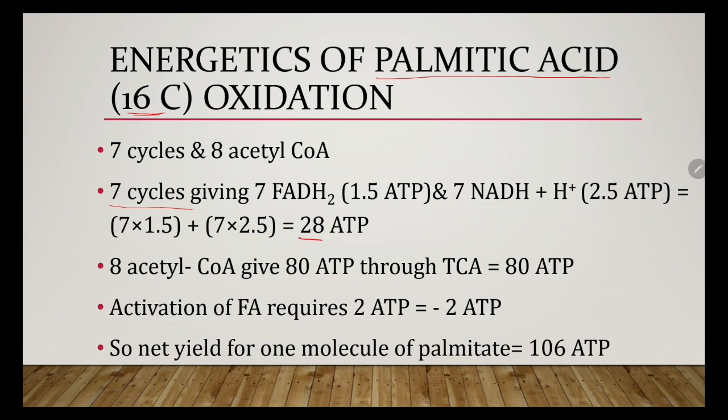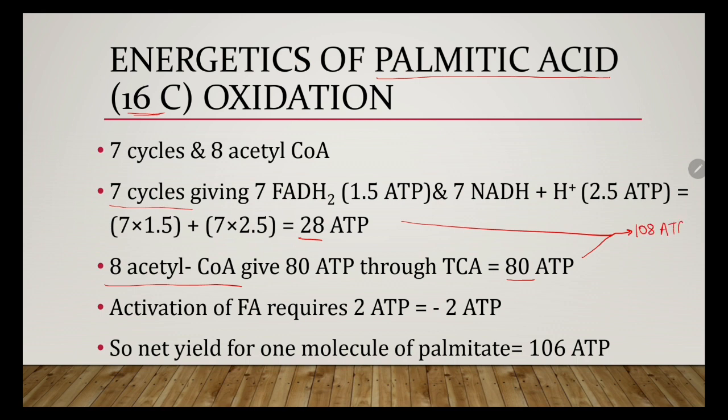So if we calculate it accordingly, 7 cycles will overall give 28 ATP. And the 8 acetyl-CoA formed will undergo TCA cycle and each acetyl-CoA gives 10 ATP. So 8 acetyl-CoA will give 80 ATPs. So together it is 108 ATP.